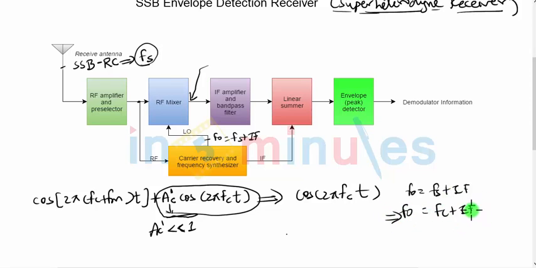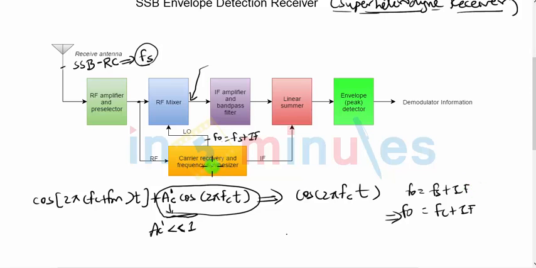To generate Fc plus IF, Fc is already there from the carrier recovery circuit. IF will be generated internally and the frequency synthesizer will generate the sum of the two frequencies. So the output of the frequency synthesizer block will be one frequency, Fs plus IF. Somewhere in the later part of the receiver, I will also require only this frequency IF.